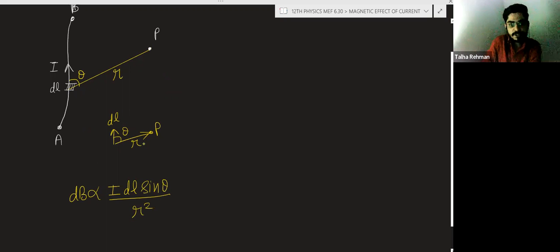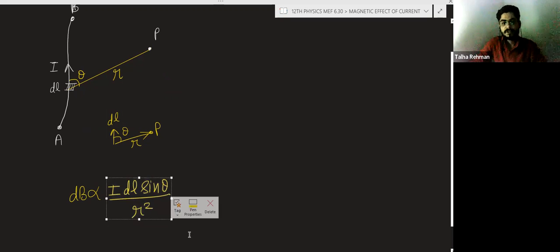This is the expression given by Biot. So the small magnetic field is directly proportional to the current and all these quantities that I have written.